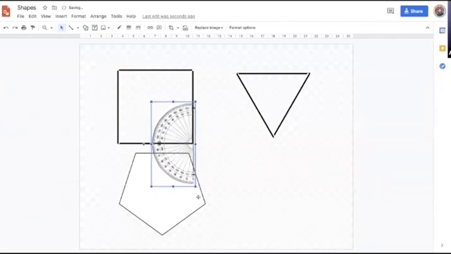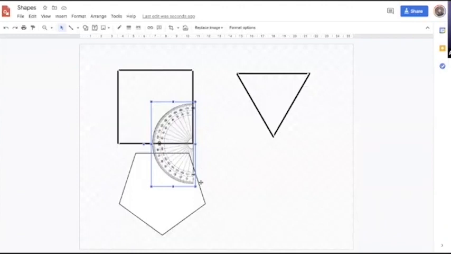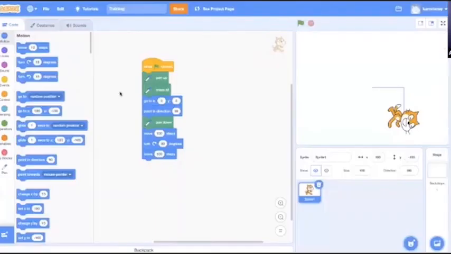Currently, the sprite is facing downwards. If I want it to be facing towards the left, I want to rotate it by 90 degrees, right? Again, 90 degrees. So let us rotate 90 degrees towards the left.